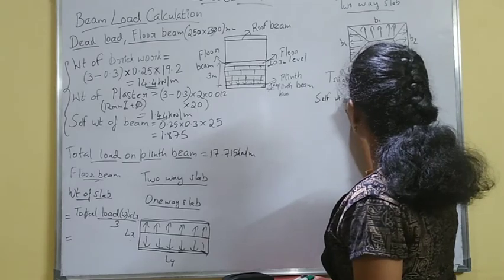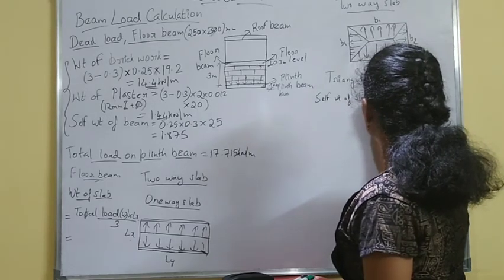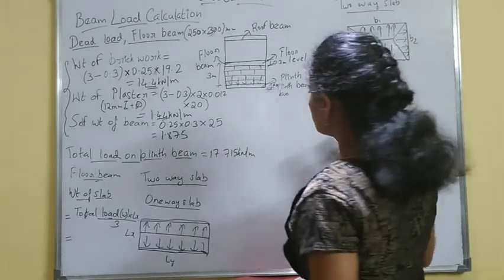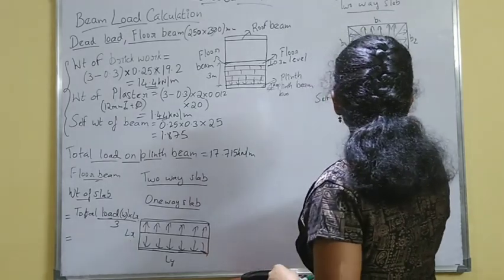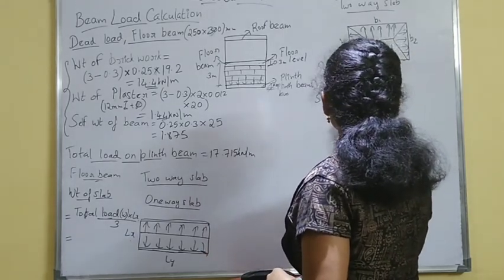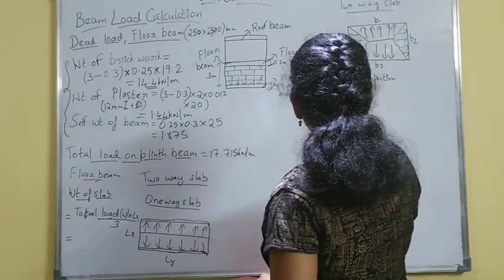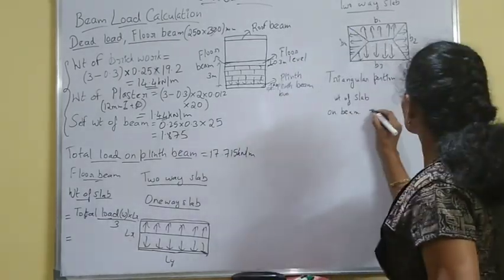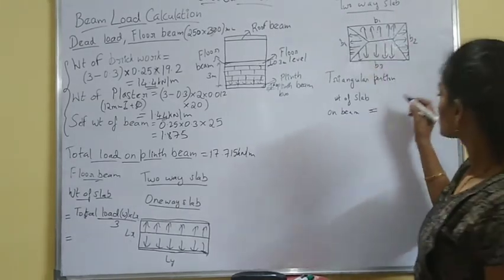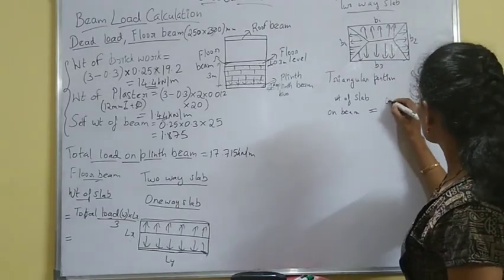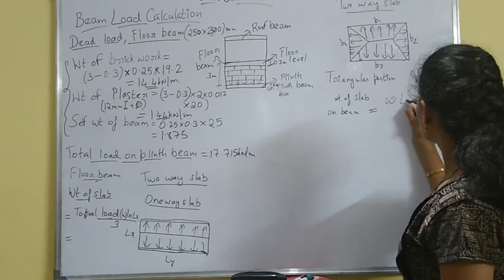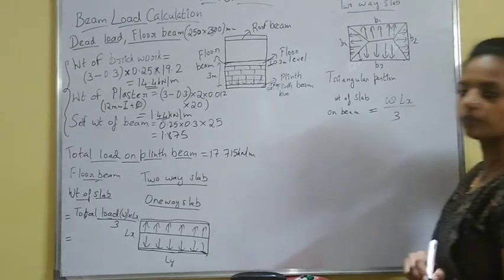Self weight of slab on beam will be, for the triangular portion, again the same: total load, that is W into Lx by 3.